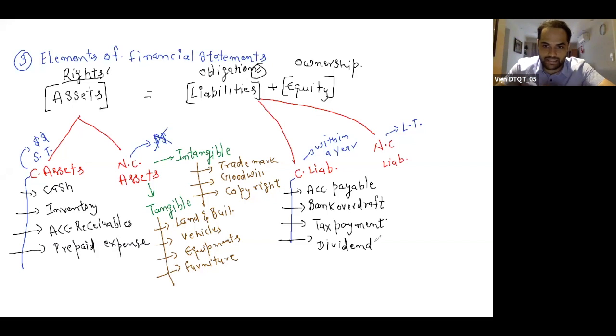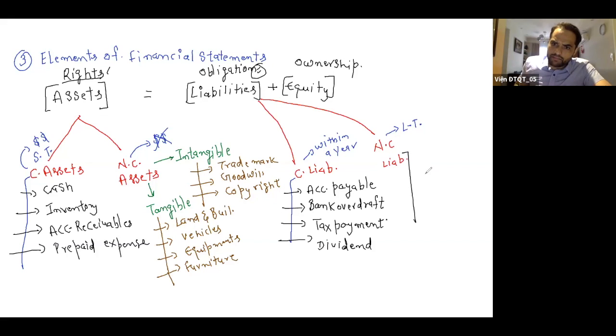So dividend payments are also your obligations, because you have to make dividend payments as soon as possible. If you take too long to pay the dividend, shareholders may not be happy, which is not good for the company. They can quit, or they can sell their shares, and then they can change the company. So that's why it's important. These are examples of current liability.